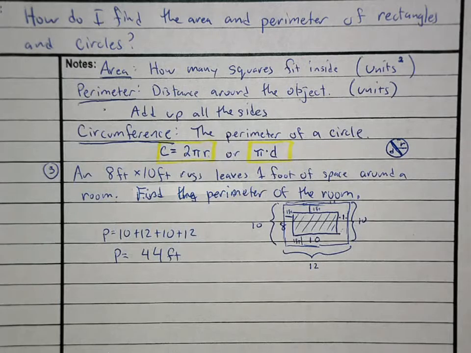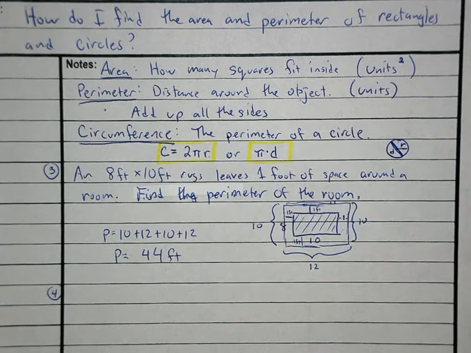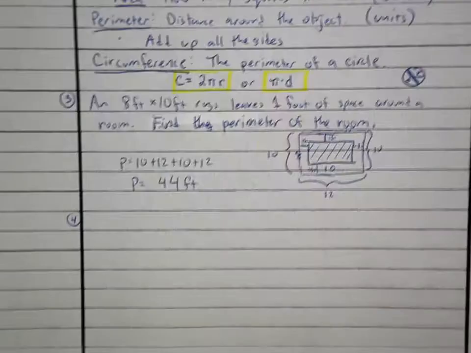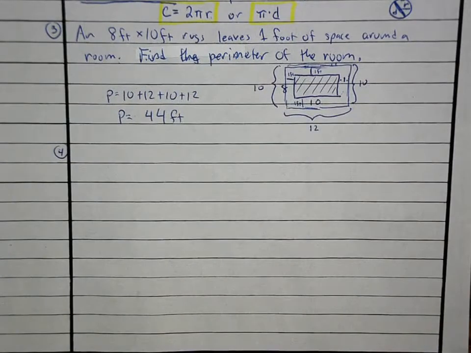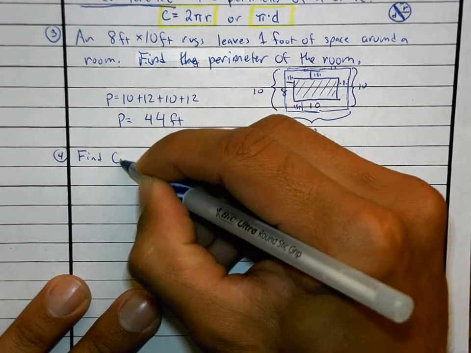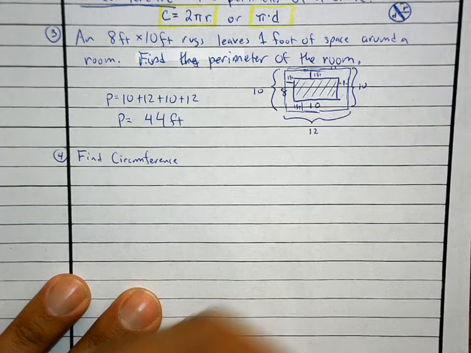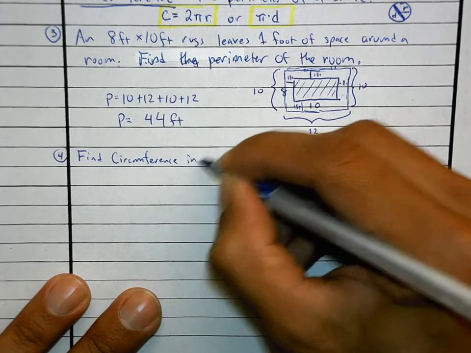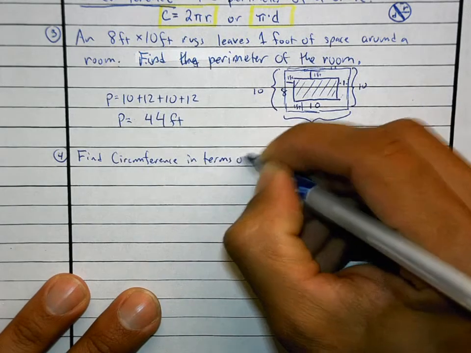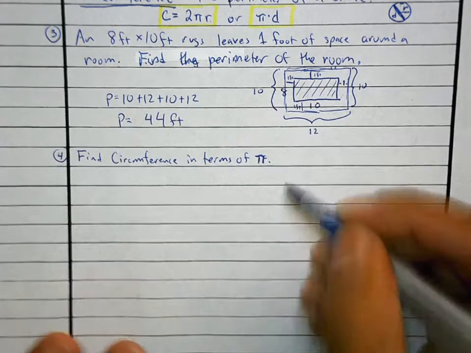So now when we get to question number 4, they're going to ask us to find the circumference in terms of pi. That's going to be nice when they tell us we can do that. I really like it.